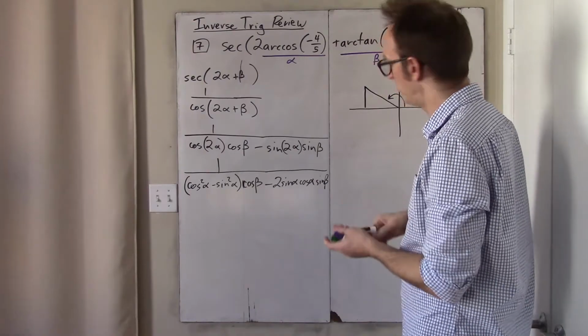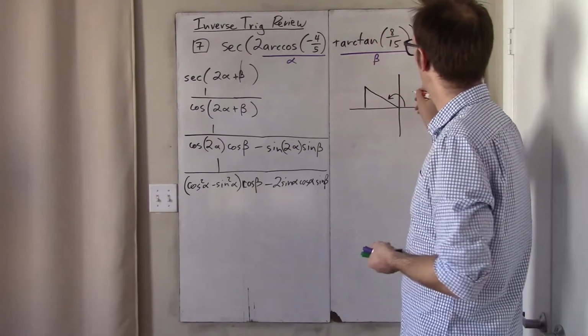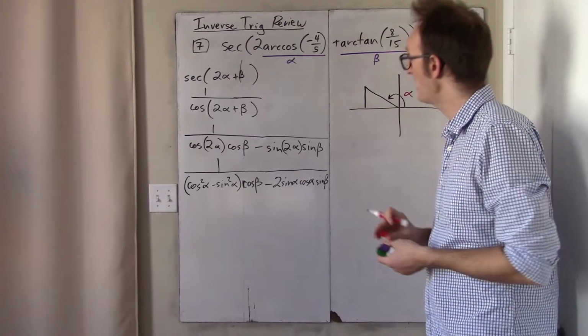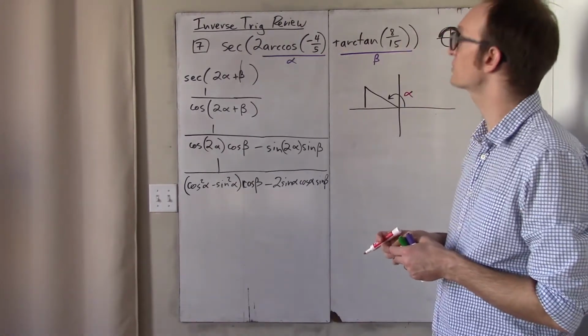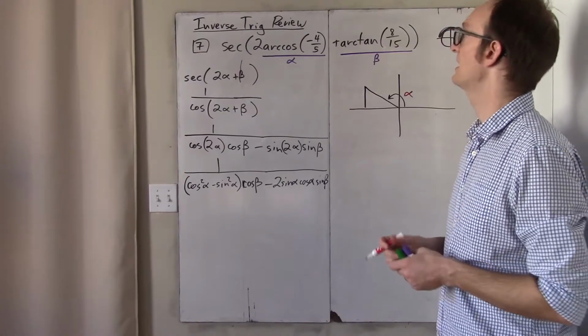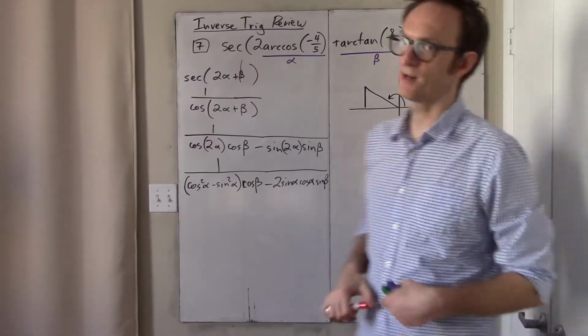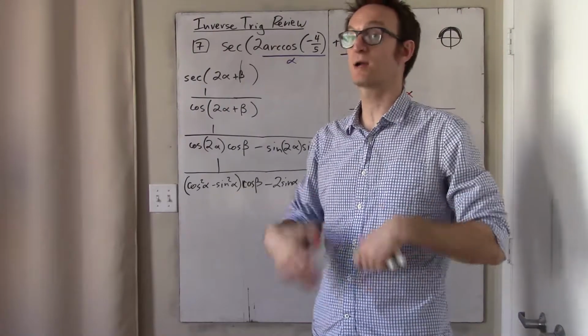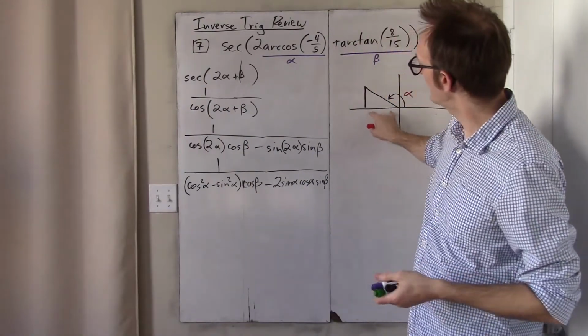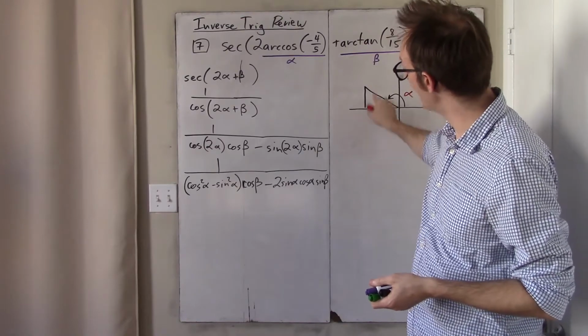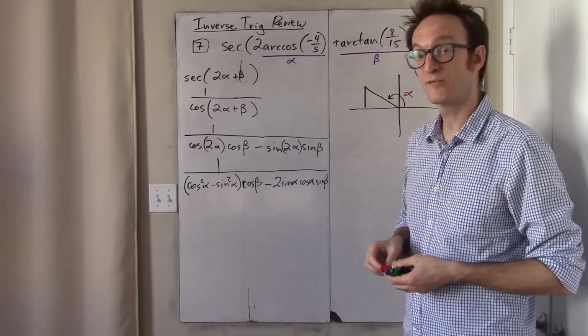We should always be drawing these angles in a certain quadrant. So that's alpha, and I need to draw alpha such that the cosine of this angle is negative 4/5. There are an infinite number of triangles such that the ratio between the x-coordinate and the hypotenuse is negative 4 to 5.